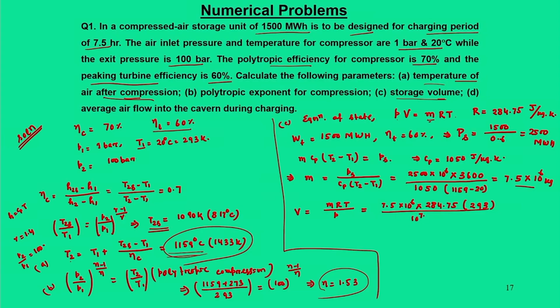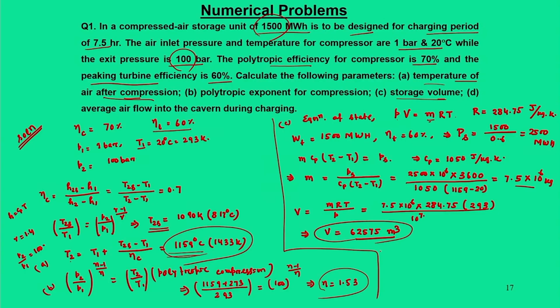All these things are converted into Pascal. Considering this and calculating, V would be 62,575 meter cube. So, for this 1500 megawatt storage at 100 bar, we require a storage volume of 62,575 meter cube.